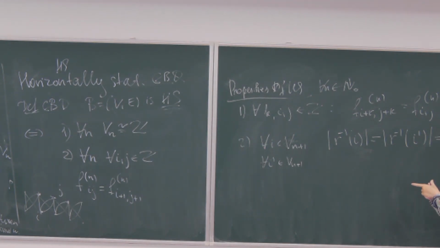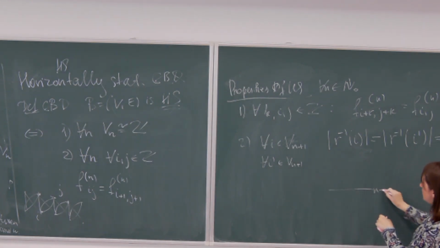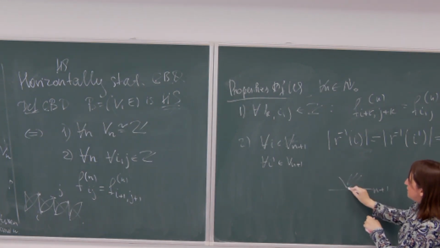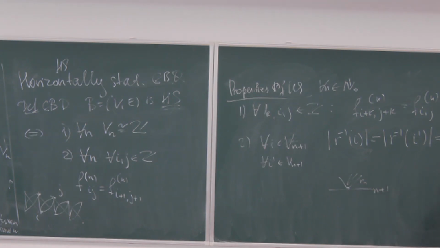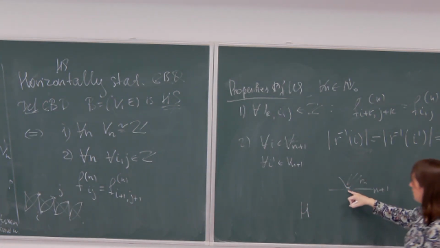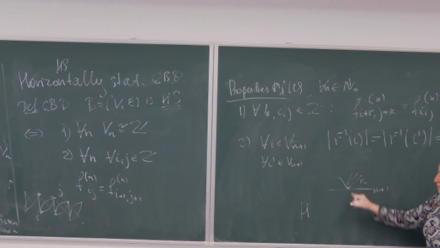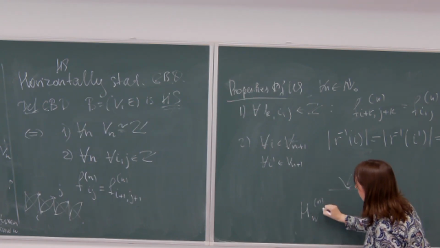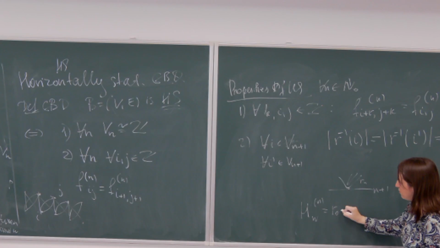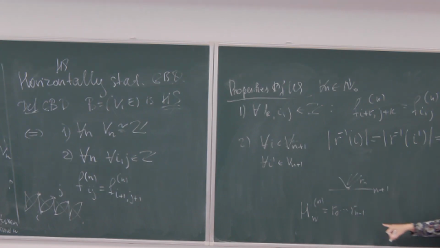Let's denote it by R_n. So we have vertices on level n+1, and each vertex has R_n incoming edges. Then, for instance, we can compute the height for every vertex on a given level, and the height is just the product of these numbers.